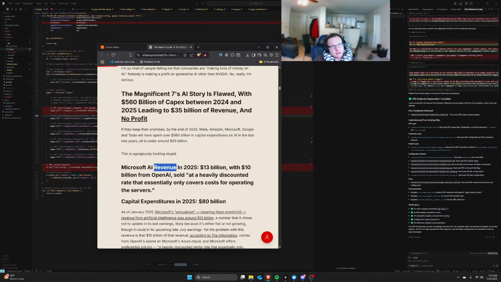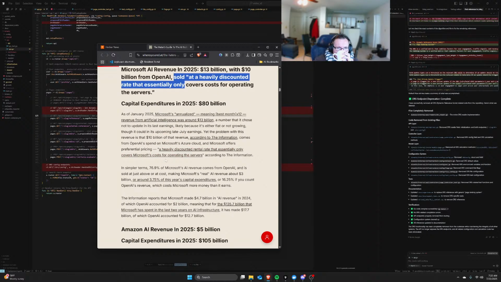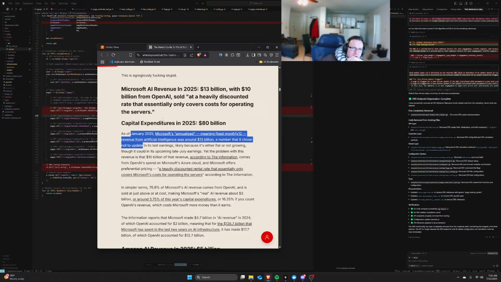Microsoft AI revenue in 2025 is 13 billion, with 10 billion from OpenAI, sold at a heavily discounted rate that essentially only covers the costs of operating the servers. Jesus Christ. Microsoft's capital expenditures are 80 billion. That's crazy.